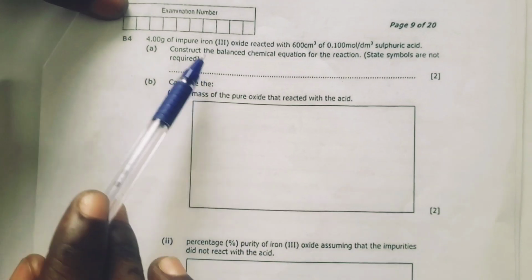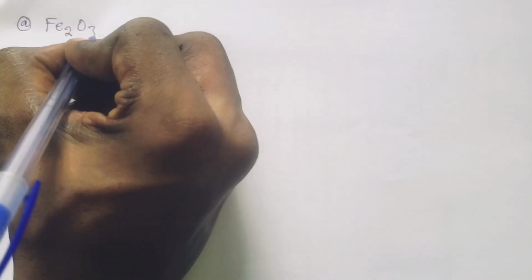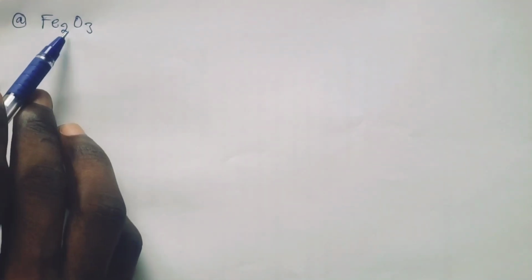So we have iron 3 oxide reacting with sulfuric acid. This is our question A. So iron 3 oxide. This is iron 3 oxide. You can watch the previous videos I made on how to construct these chemical formulas.